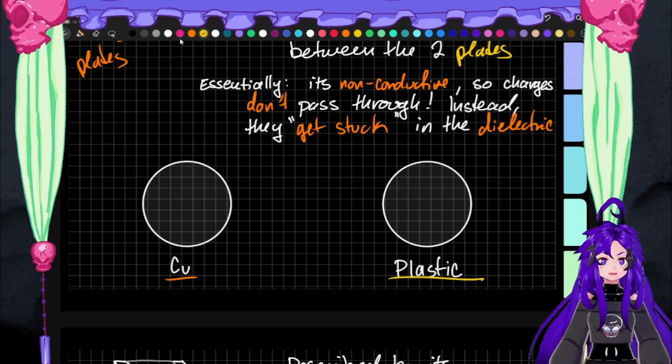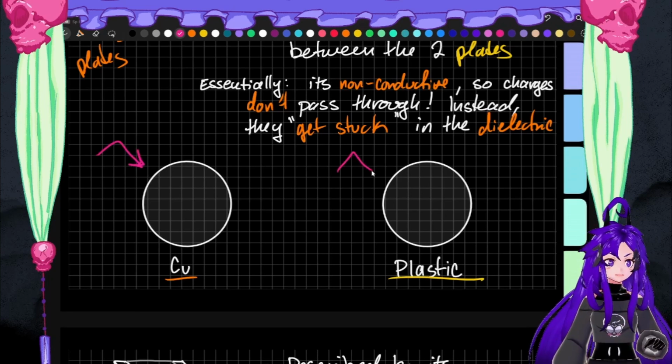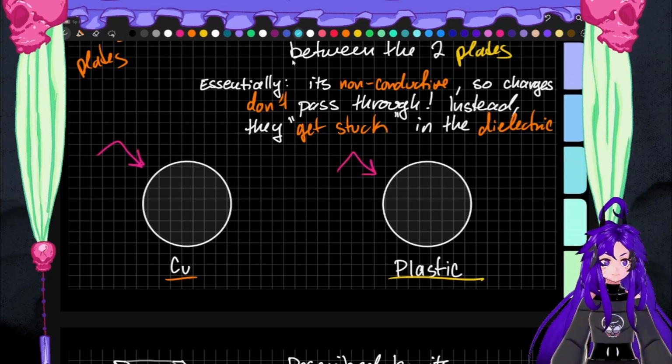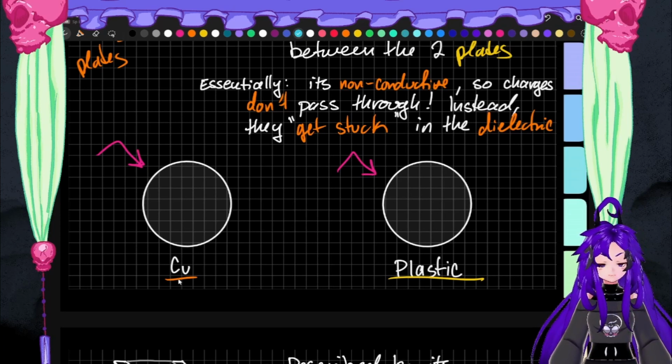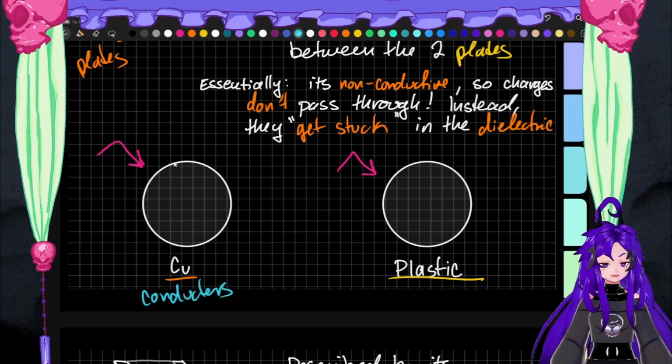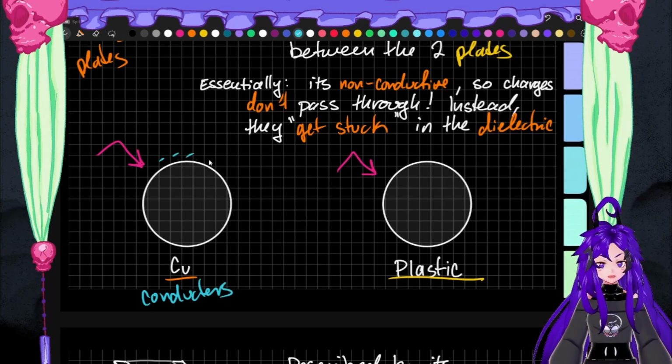Okay? If we were to put some kind of voltage, or if we were to run a current through these, well, conductors keep those charges, and I'm using negatives because it's an electron, right?